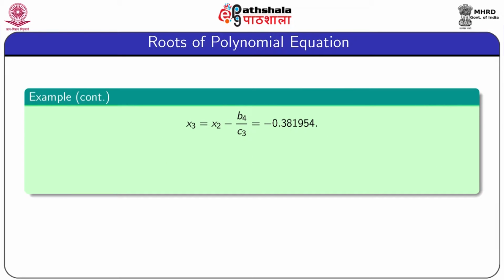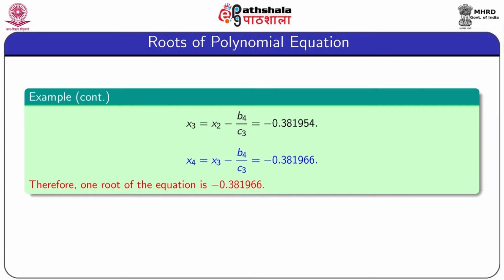Similarly, the third approximated value x3 equals minus 0.381954. The fourth approximate value is minus 0.381966, and note that these two values are almost equal, and hence one root of the equation is minus 0.381966, correct up to 6 decimal places.